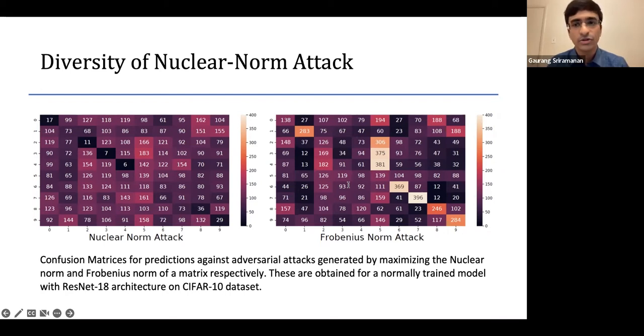It can be observed that the nuclear norm attack results in a better diversification of the target classes after attack when compared to the Frobenius norm attack. It can also be observed from the diagonal entries of the confusion matrix that the nuclear norm maximization results in a stronger attack when compared to the Frobenius norm attack.